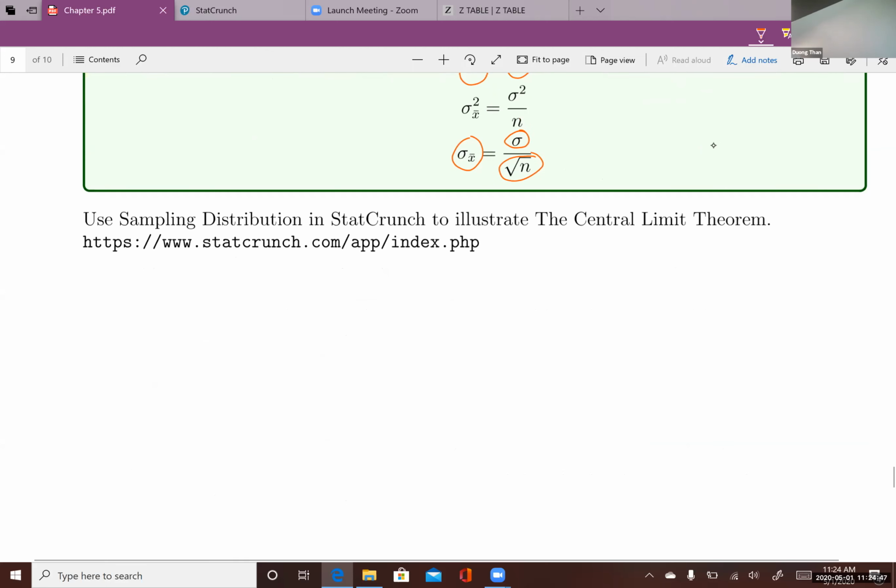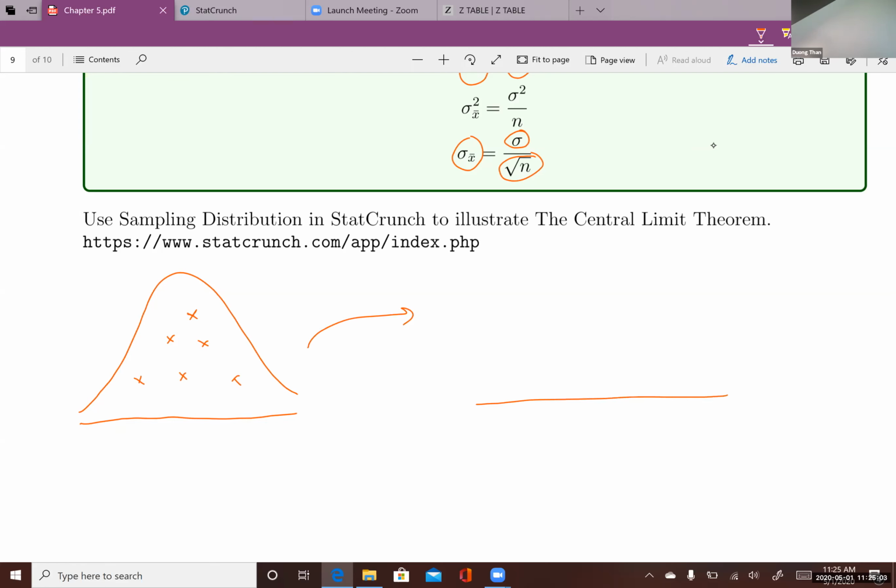So it is saying if you have a population that is a normal distribution, X, then the sampling distribution of the sample means is also a normal distribution.